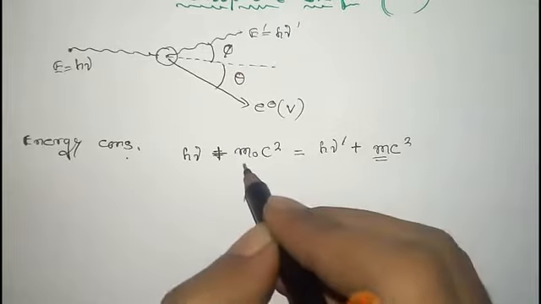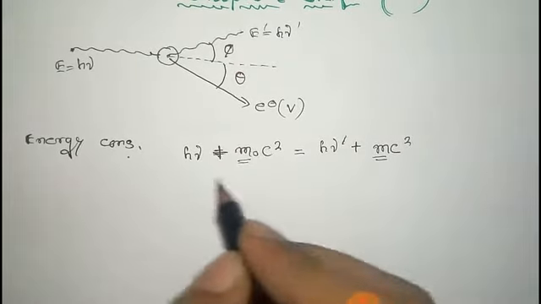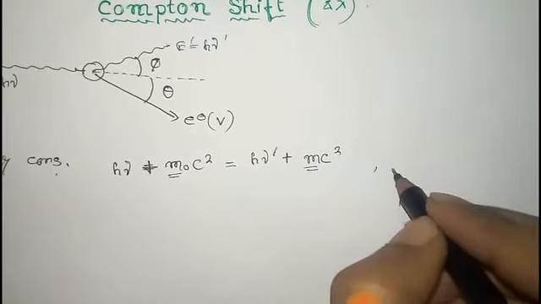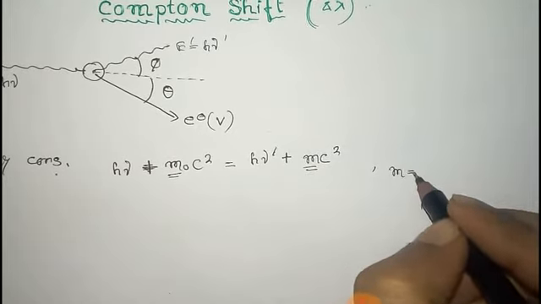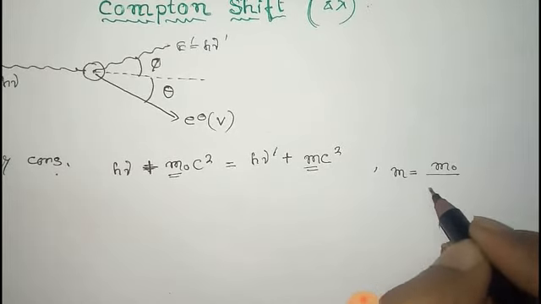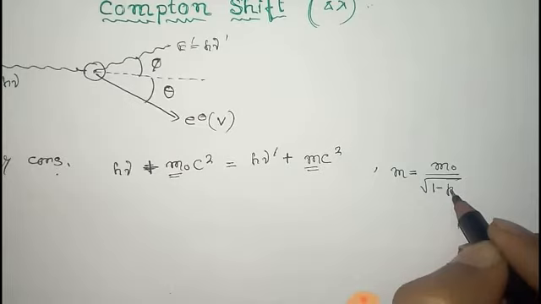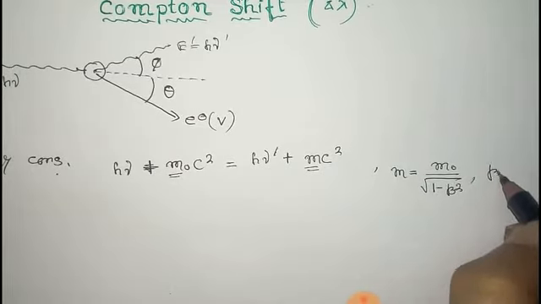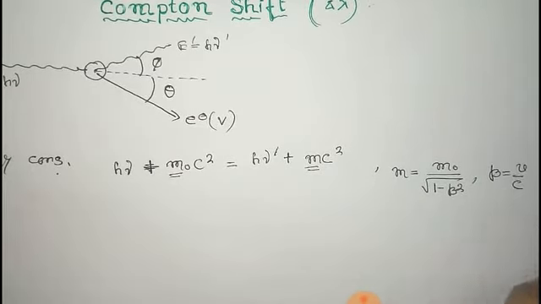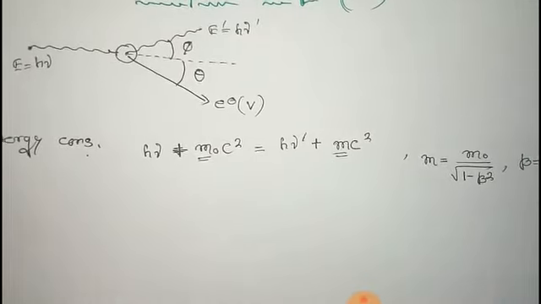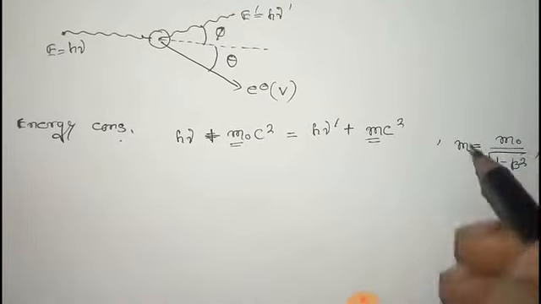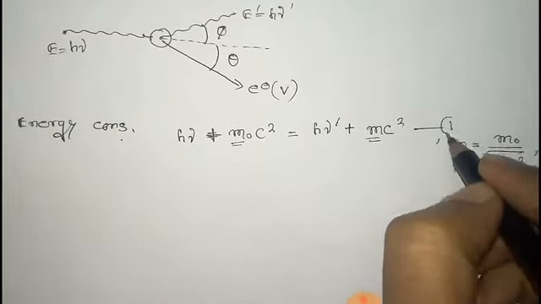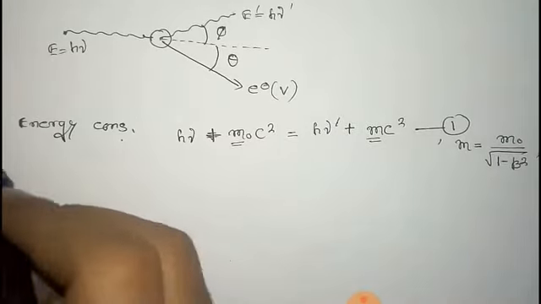Here m is the moving mass and m naught is the rest mass of the electron, and the relation between them is m equal to m naught by root over 1 minus beta square, where beta is equal to v by c. v is the velocity of the electron and c is the velocity of light, and this equation is given as 1.